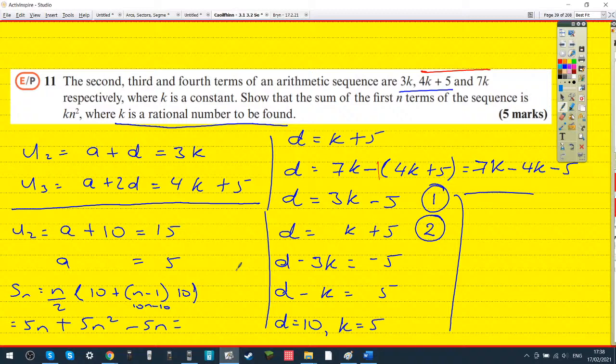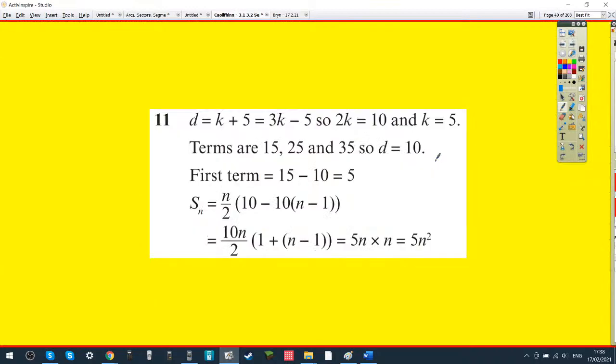N squared. What is k? 5. We said k was 5. This is 5n squared. They wanted kn squared. Therefore k equals 5. There you go. Don't overthink it.